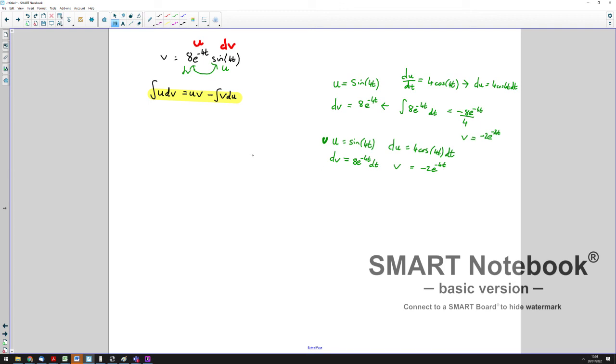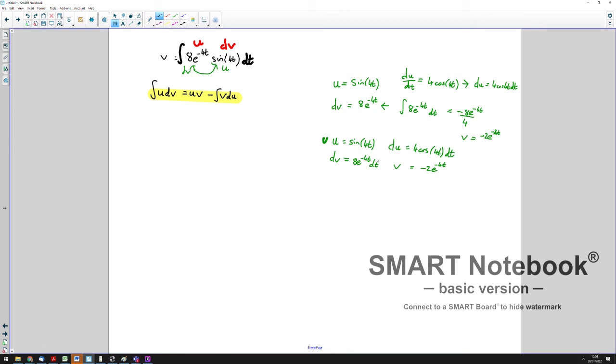This extra dt comes from the fact that our question is to integrate that function with respect to time, so we need to add that dt in to our dv.